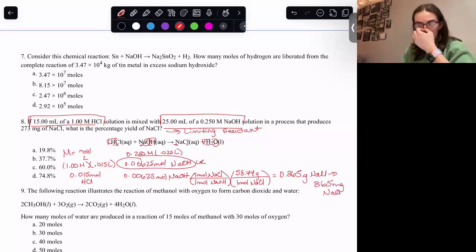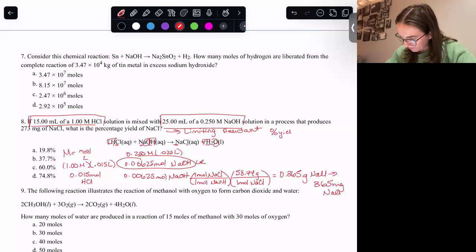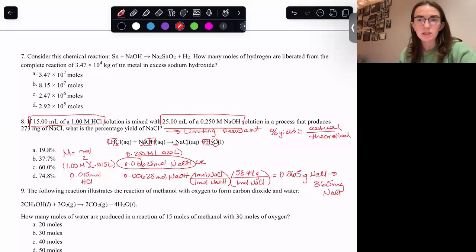Okay. What is that 365? What is that called in terms of percent yield? Good, that's our theoretical yield. So in our percent yield formula, we have actual over theoretical. What we get from the limiting reagent is what we assume to be our theoretical yield, what we expect to see.